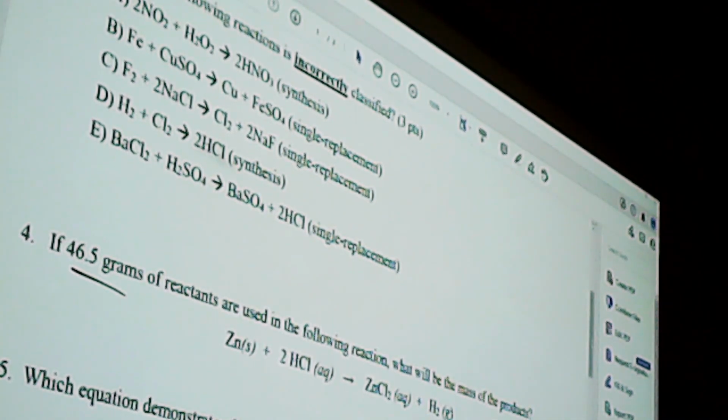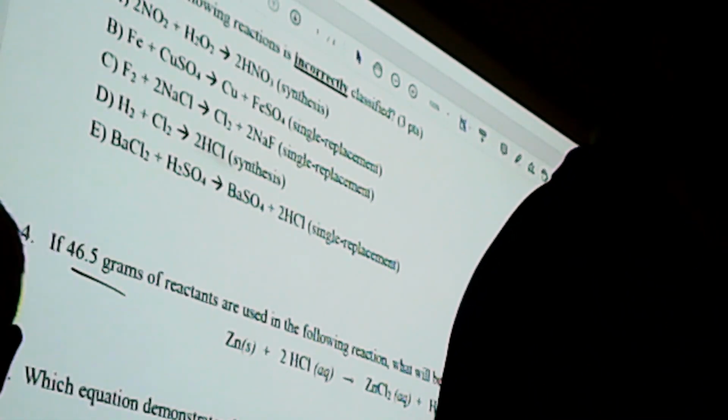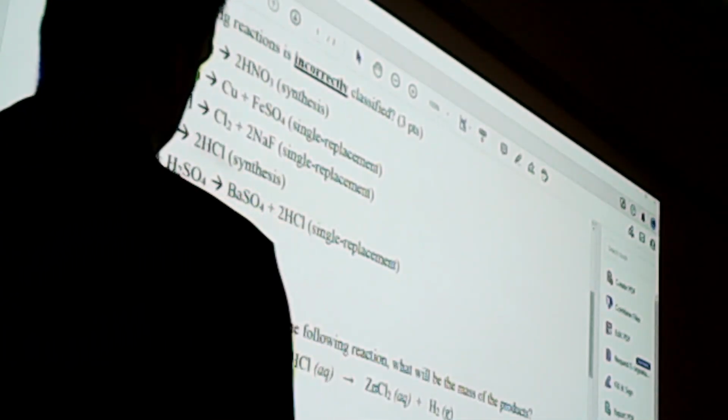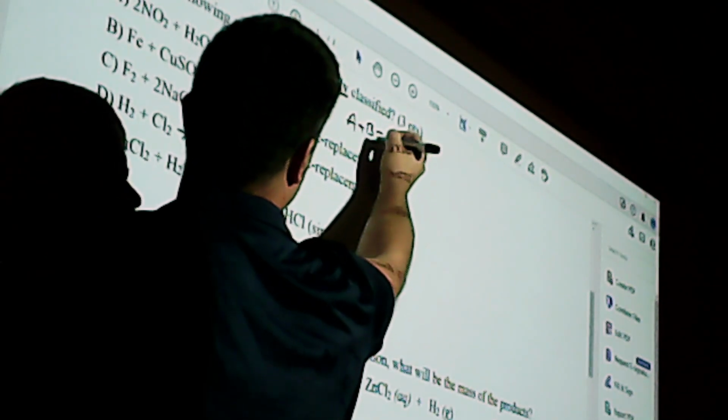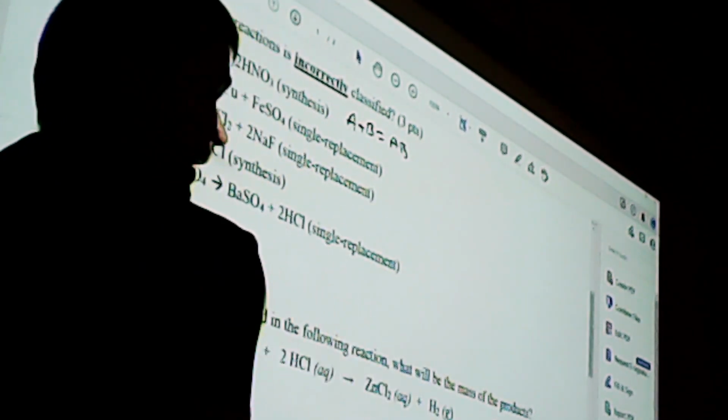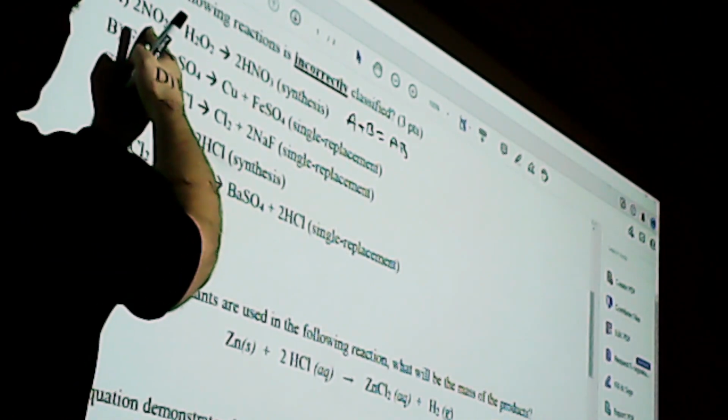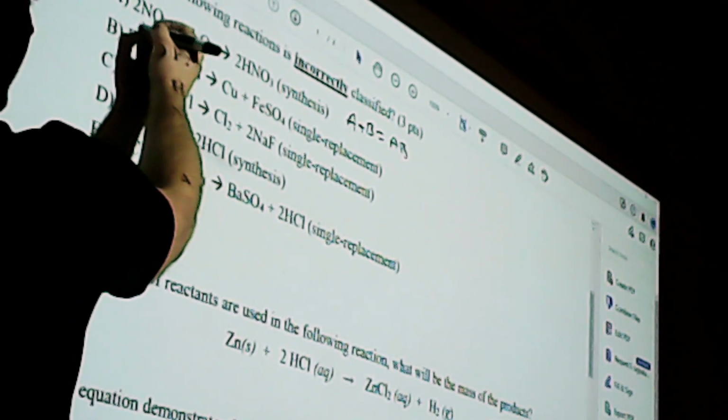Because it's not like the basic synthesis, like A, B, like D is, and it looks combined. Synthesis is A plus B gives you AB. We did that in the warm-up, right? And you're thinking, well, there's 2 things here, so that's an A and a B, right?